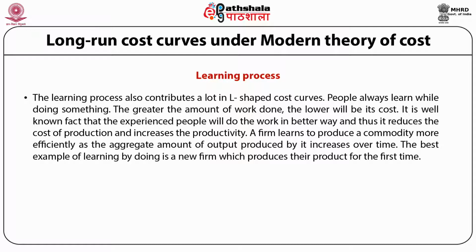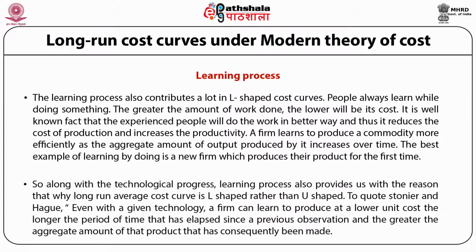After producing the first unit, they may be able to reduce the time required for the second unit. And if they are able to do so, it will reduce their cost of production. So, along with the technological progress, the learning process also provides us with the reason why the long-run average cost curve is L-shaped rather than U-shaped.